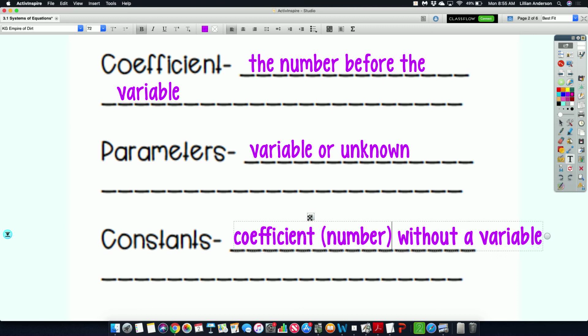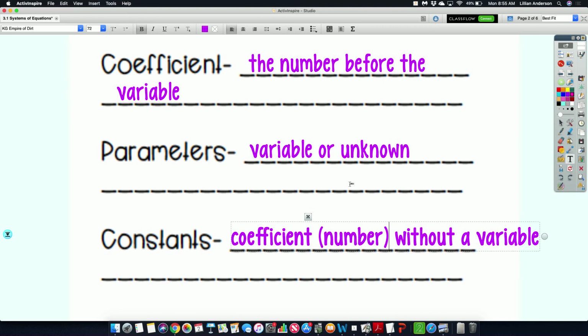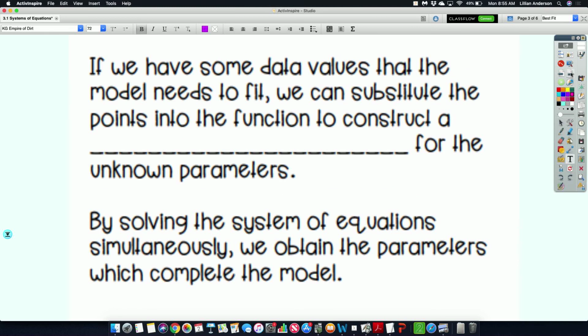Okay? So we know the pieces that make up our equations for our system of equations. And so if we have some data, a lot of times when you're solving these systems, it will come from some type of word problem or some type of data that's given to you. If you have some data that the model needs to fit, you're trying to create the equation to model particular data, we can substitute in different points of that data into a function to construct a, what are we talking about today?